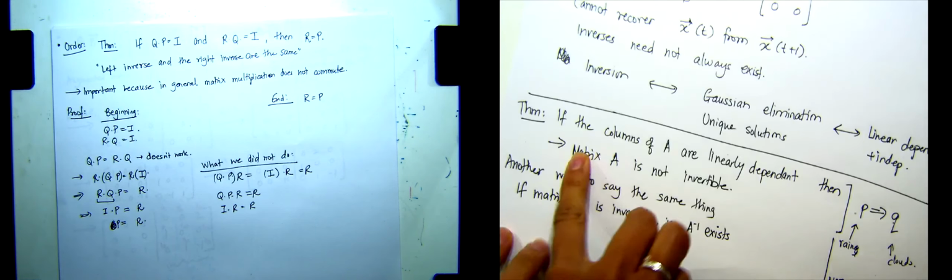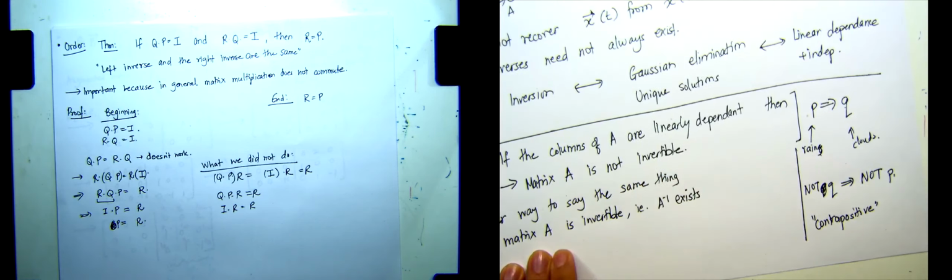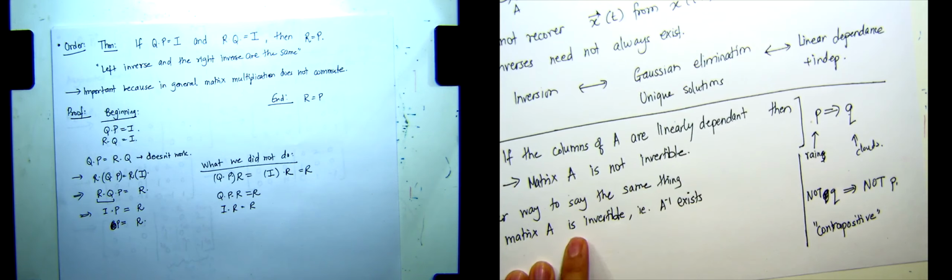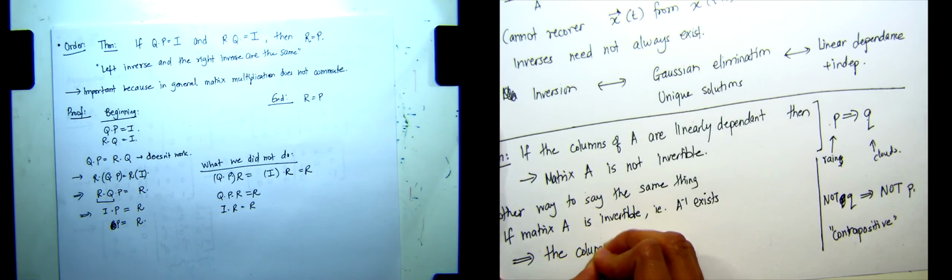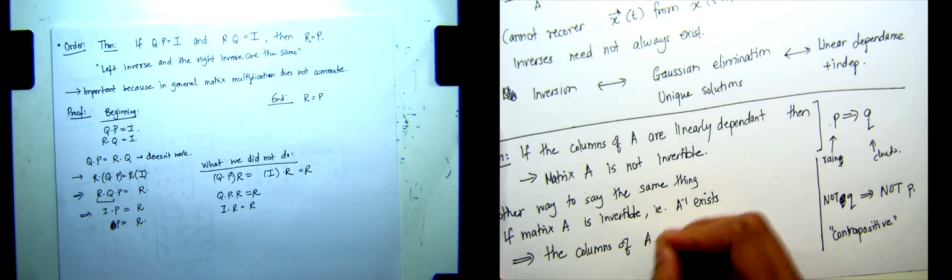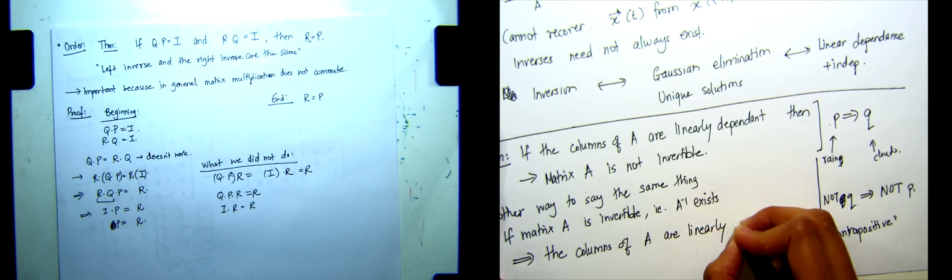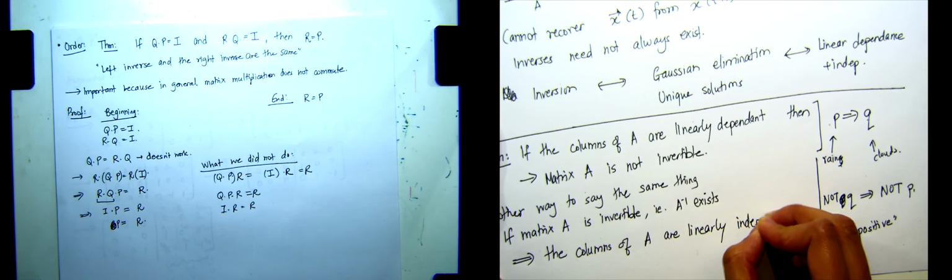I'm saying not Q, so here Q is that matrix A is not invertible, so the opposite of that is that matrix A is invertible. This implies the columns of A are linearly independent.